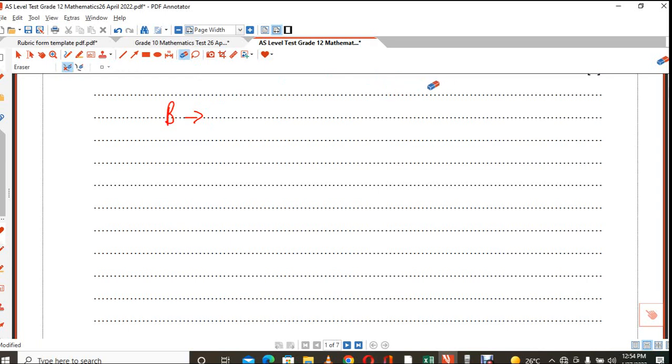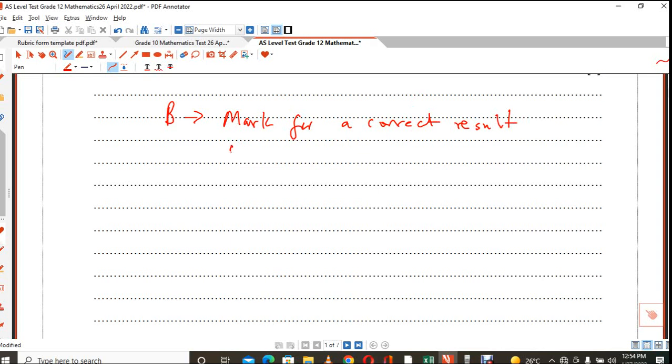But what does that B represent? You're getting a mark for, it's an independent mark for a correct result. So this is a mark for a correct result, or a statement. You arrive at, say, that the coefficient is that.